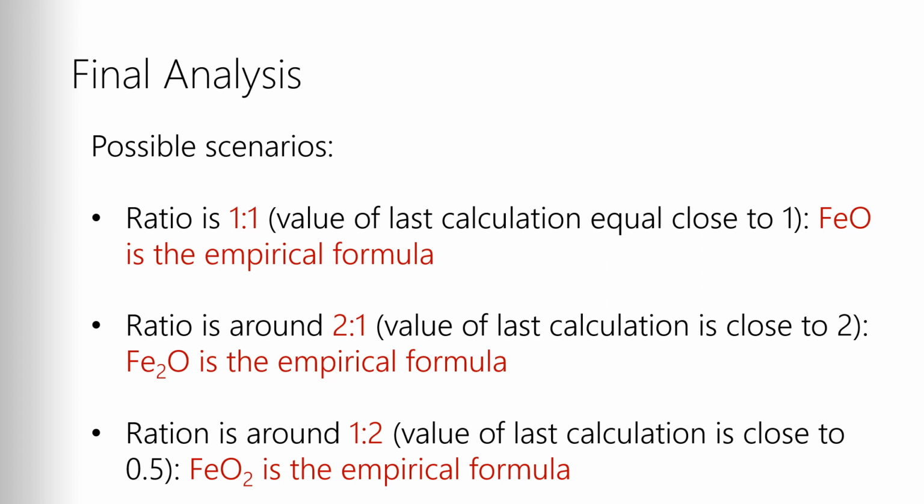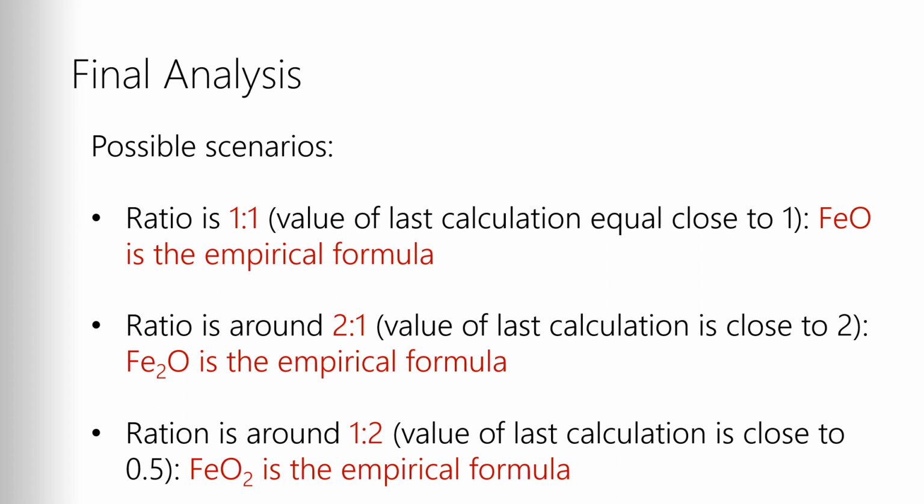So if I got 0.5, that would mean for every 1 iron, I actually had 2 oxygens, which would mean my empirical formula would have to be FeO2. Now that would be iron(IV) oxide, because now I got 2 oxygens, each of them -2. So 2 times -2 is -4, and I've got 1 iron to counterbalance that. So I would have iron(IV) oxide.